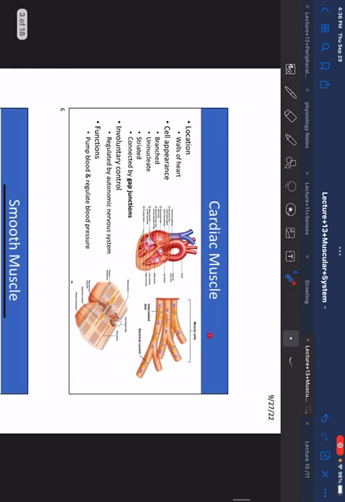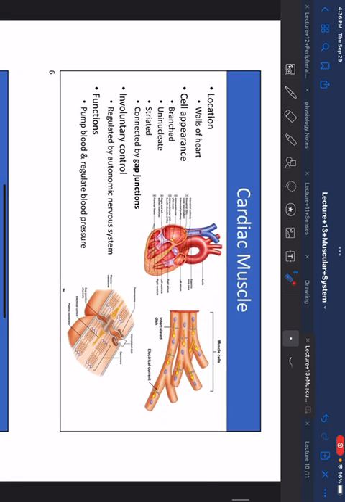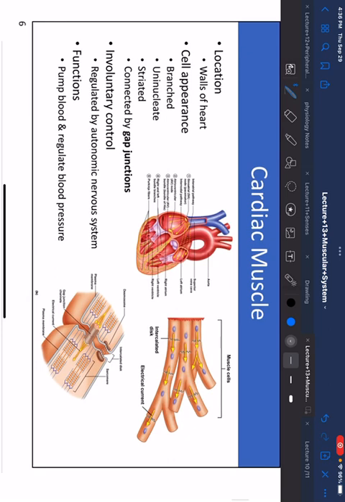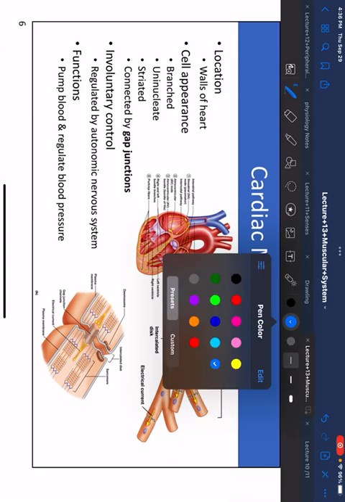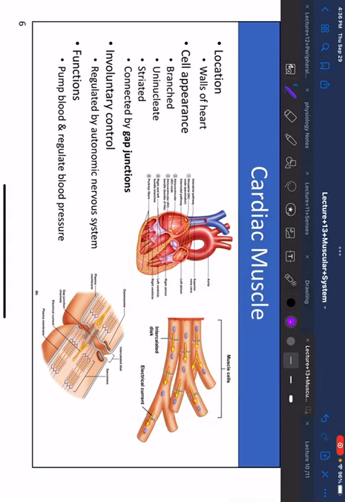Going on to our second muscle type, we have cardiac muscle, which is only located in your heart, and specifically it makes up the walls of your heart. If you look at cardiac muscle underneath the light microscope, it would look something like this, where each cell is branched in structure.